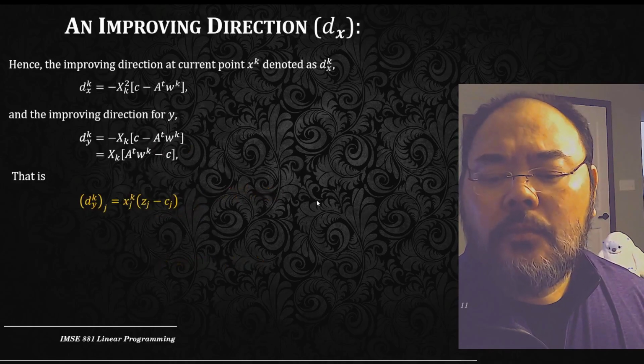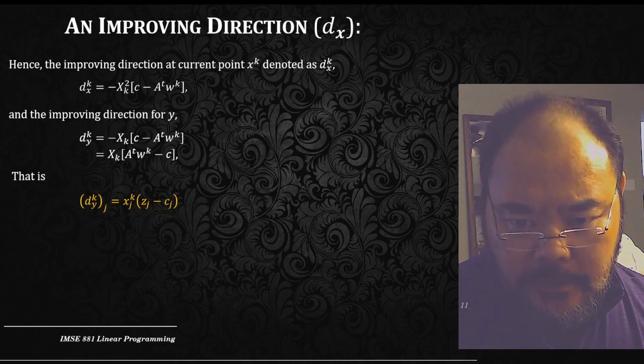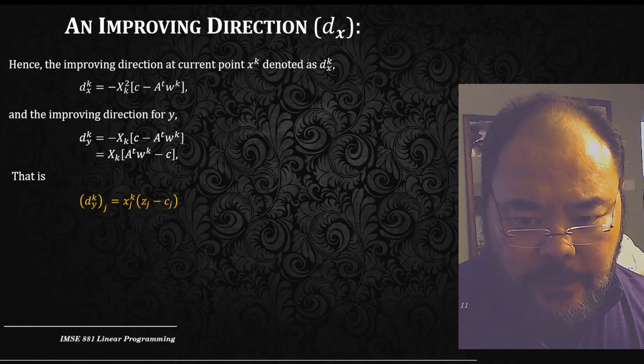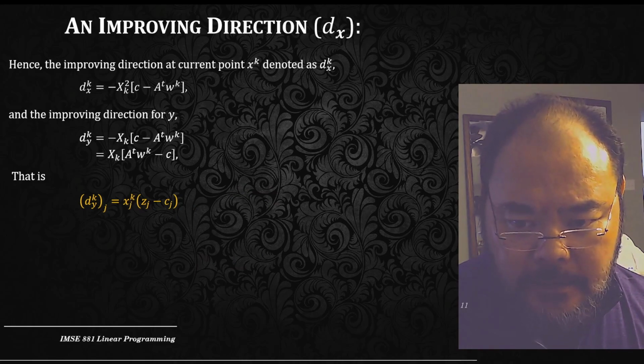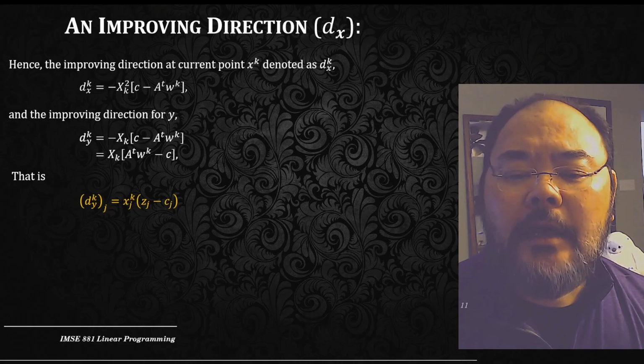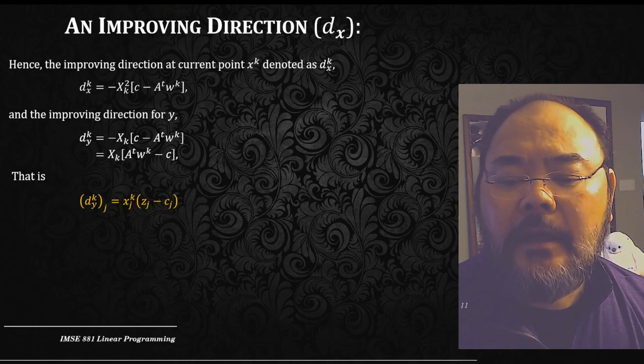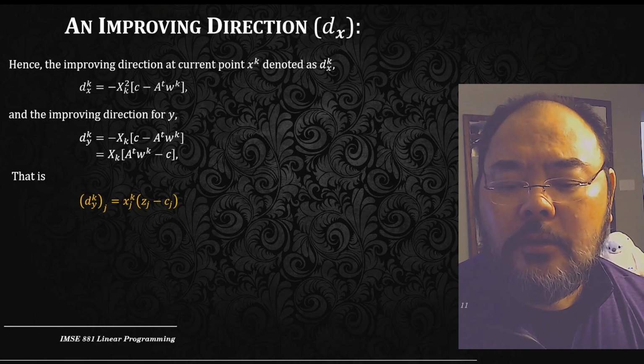Hence, we can also define the improving and feasible direction for the x, we call it dxk instead of dyk, equals negative Xk squared times c minus A transpose times omega k. And dyk can be defined accordingly as well.